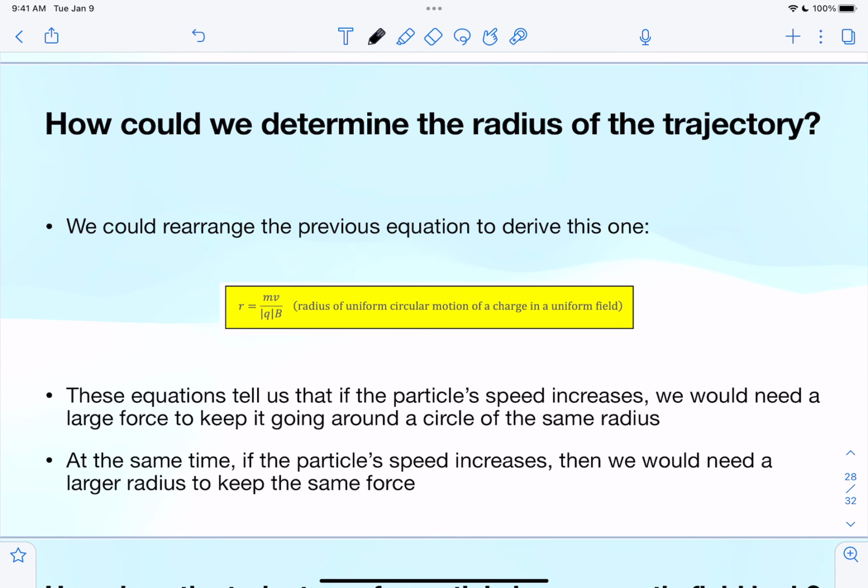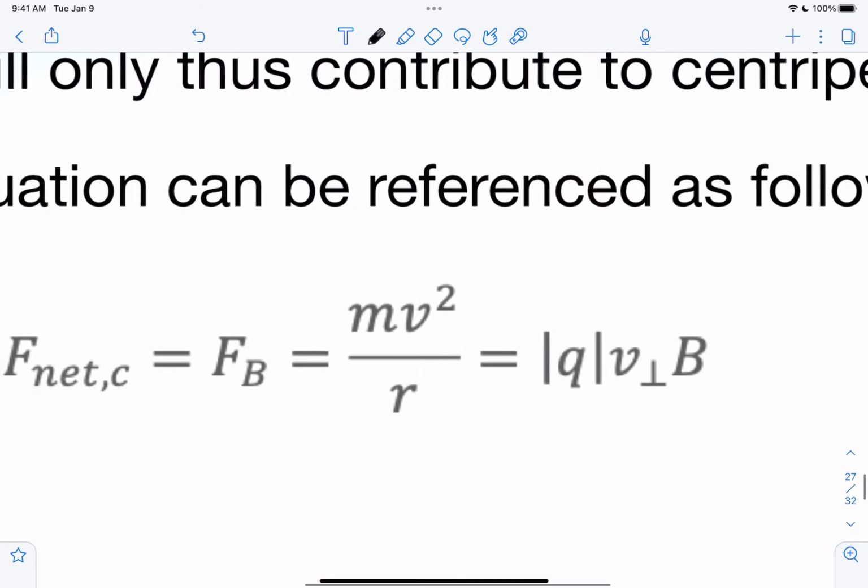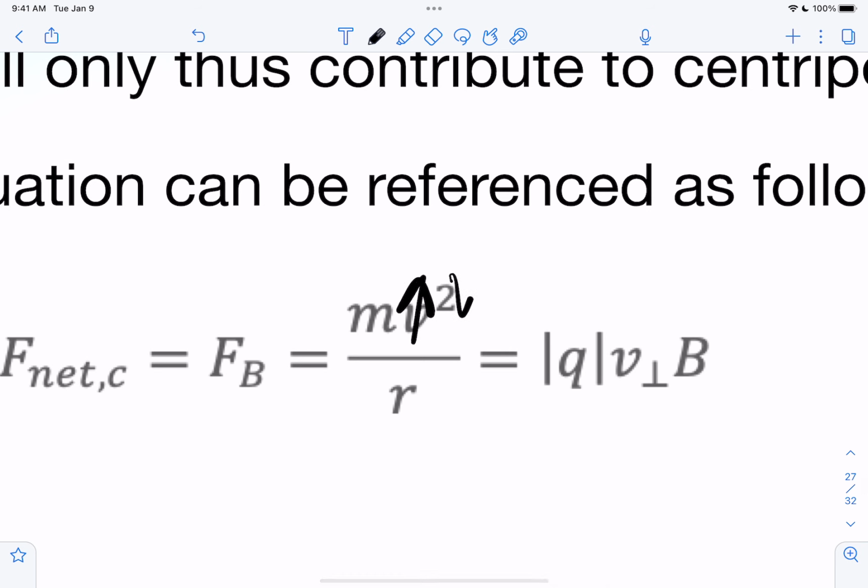Now, this equation tells us that if the particle speed increases, if the v goes up, we would need a larger force to keep it going around a circle of the same radius, right? So if we increase v, then the force has to increase in order to keep the same radius. Or alternatively, if the v increases, we'd have to decrease the radius, right?